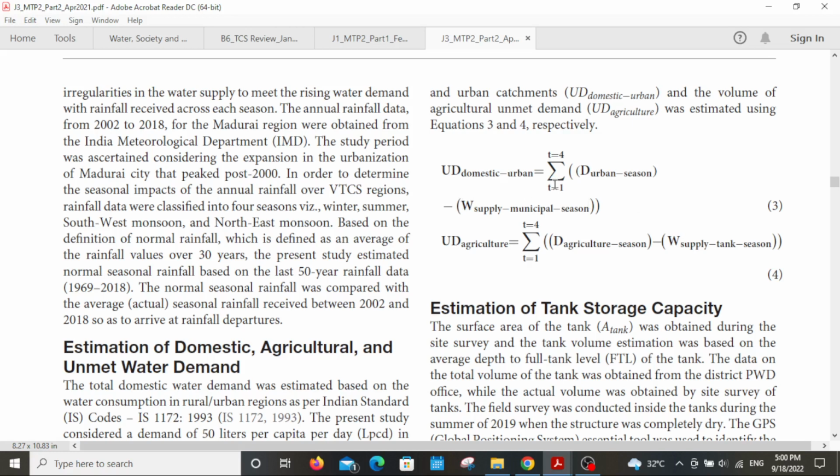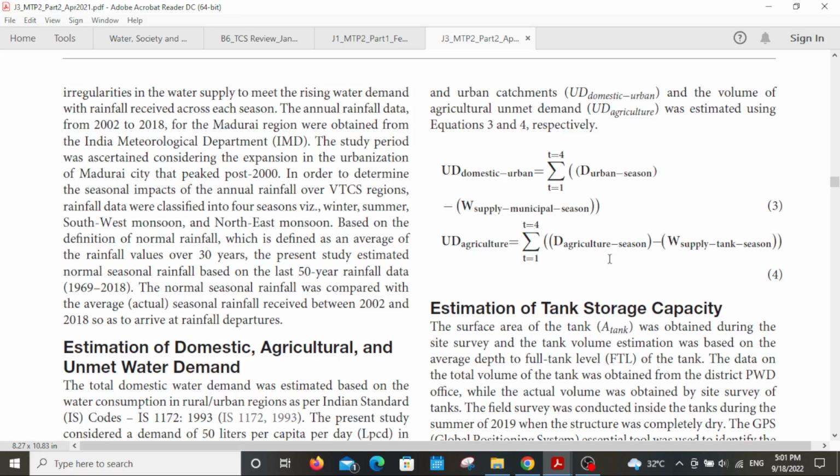However, in general, if I want to describe how unmet domestic water demand for the urban region has been estimated, we took into account the number of days in the urban region for that particular season and how much the water demand actually was during that particular season and how much is the municipal water supply in that season. So the difference between the two will provide us how much is the unmet domestic water demand in the urban region.